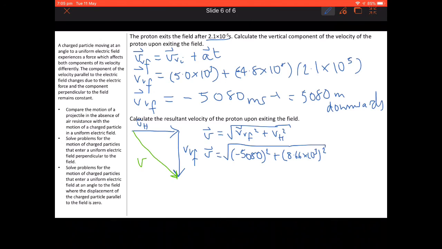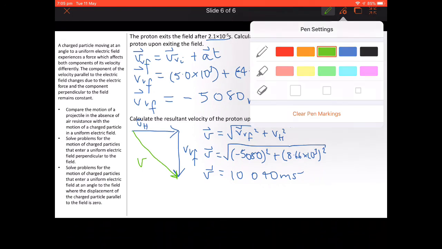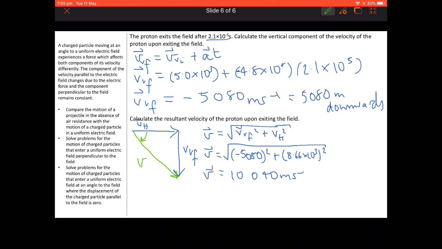So all of that under the square root. Popping this into a calculator, you'll end up with an overall velocity of 10,040 meters per second.